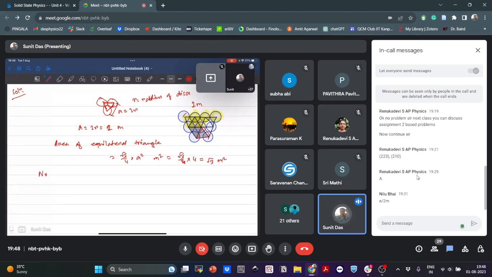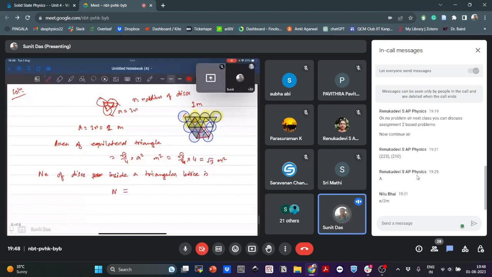So the number of discs inside a triangle.